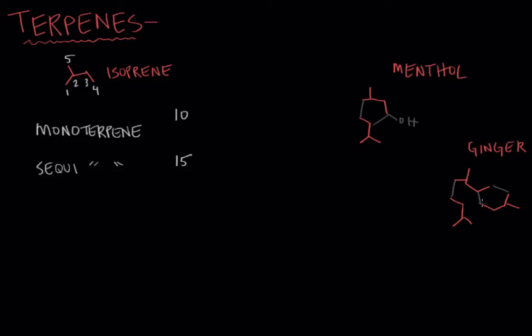You can see that ginger is made up of 3 isoprene units, and it fills up ginger snap cookies, and those are my favorite types of cookies. Really you can just keep adding these isoprene units and making larger and larger molecules.